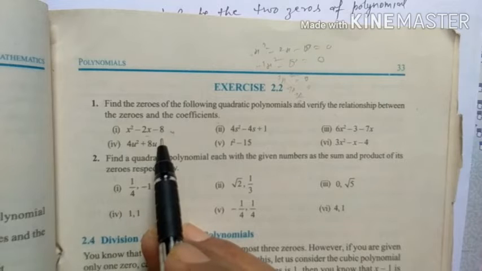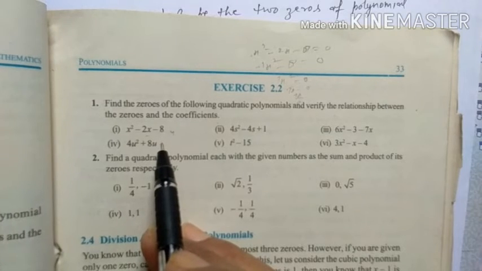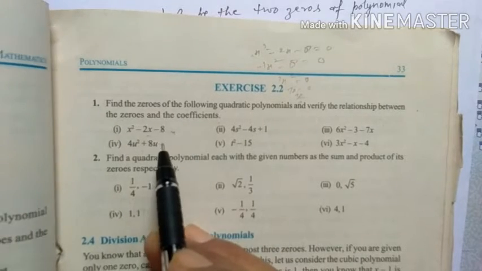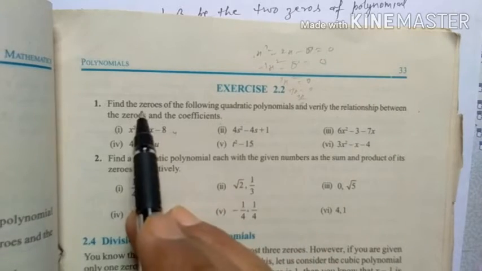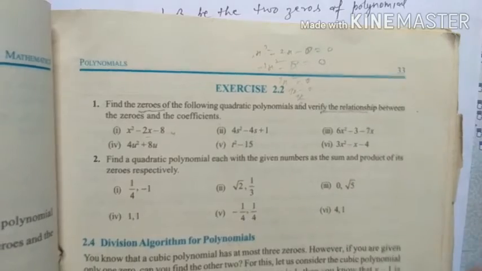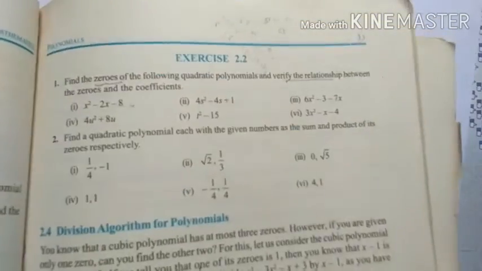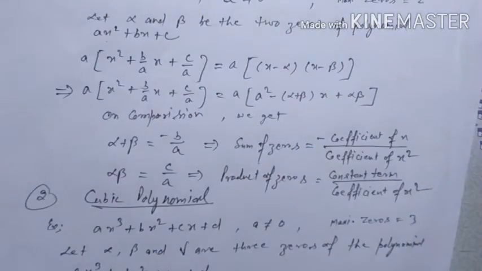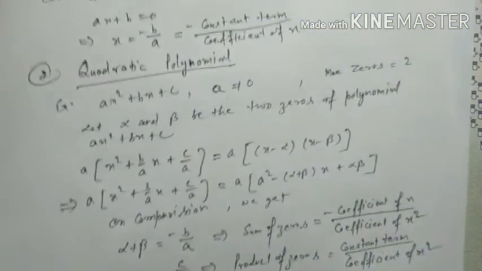First we will find the zeros and then verify the relationship.